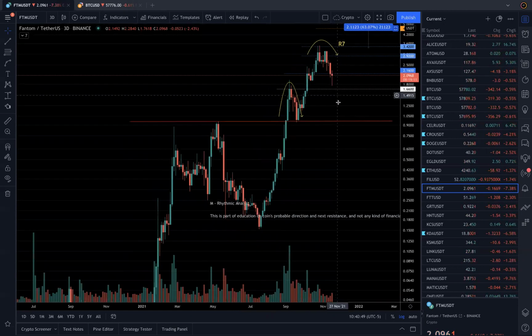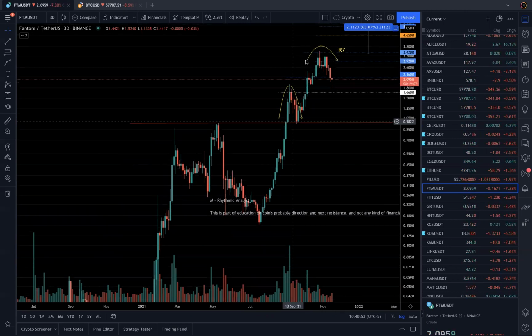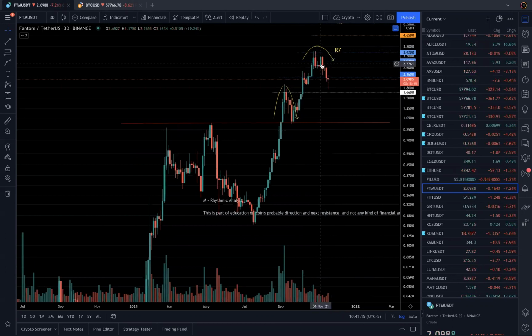But you keep watching it, right? FTM did a wonderful job, and we have a higher target as well. But as you know, the next one is valid only when it breaks the recent one. It's simple, right? This is how it works. Resistance has to be broken above for the next resistance to be valid. And for the last 2-3 weeks I've been saying that this is showing weakness, and you have to come out of this mindset.